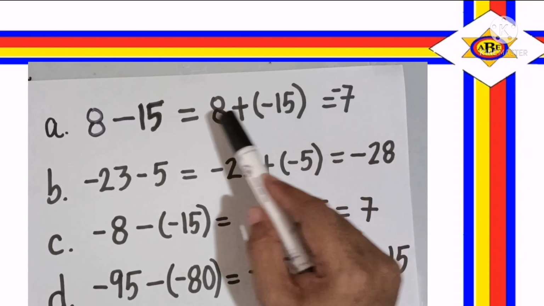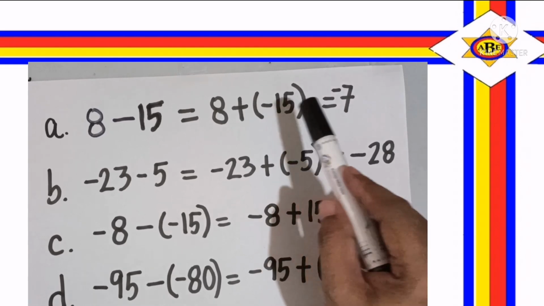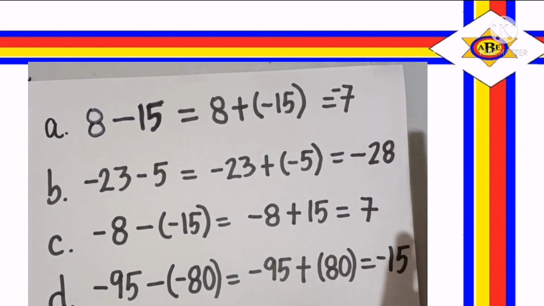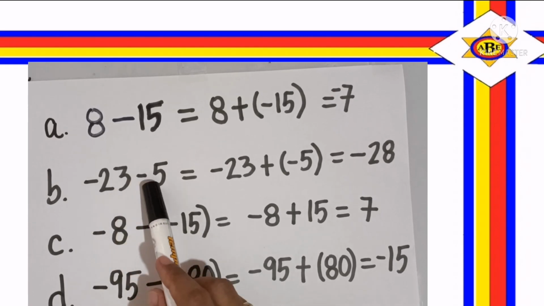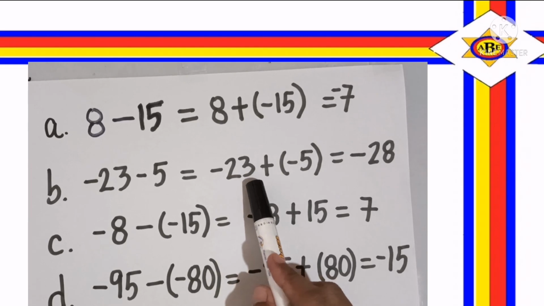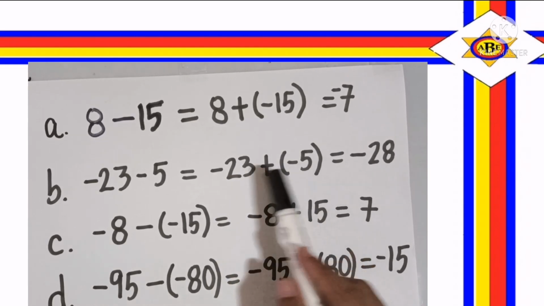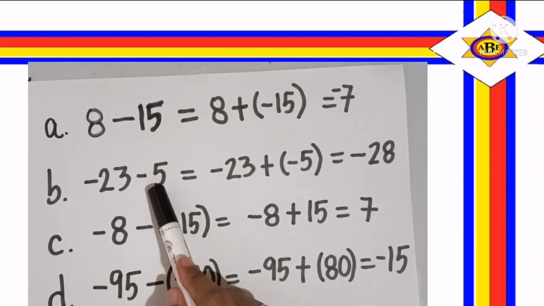We copy the sign of the bigger value. Okay? So the bigger value is negative 15. That's why that's negative 7. For letter B, we have negative 23 minus 5. So that is negative 23 plus negative 5. So we change the operation sign to positive, then we change the sign of the subtrahend.